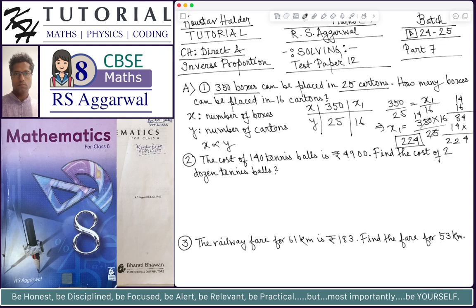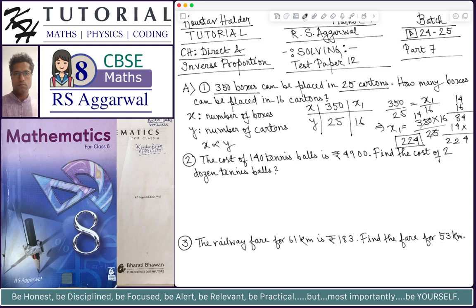Now, whenever you solve problems on variation, whenever you are finding some unknown values from the table, always see that your result is consistent with the type of variation the two quantities are involved in. In this problem, x and y are in direct variation.